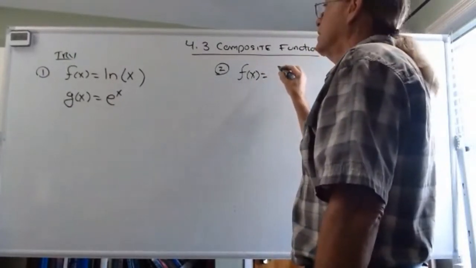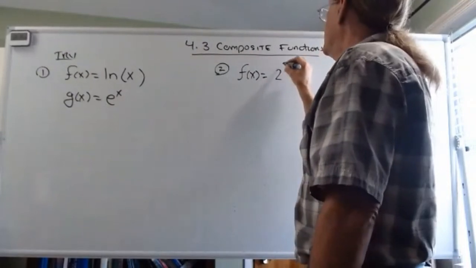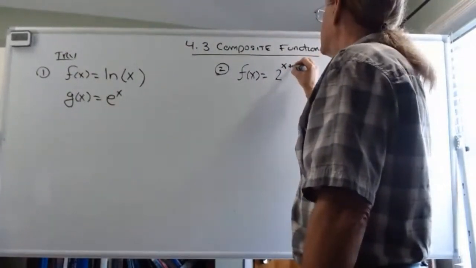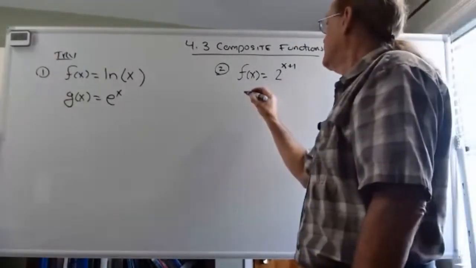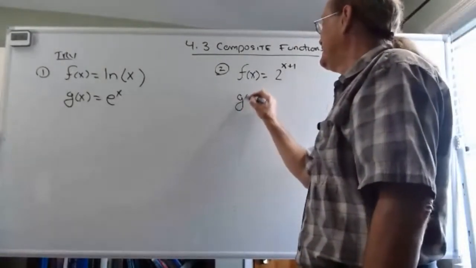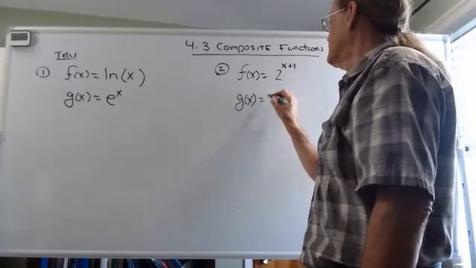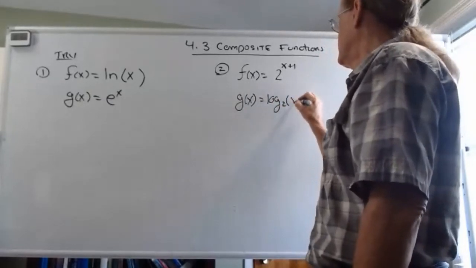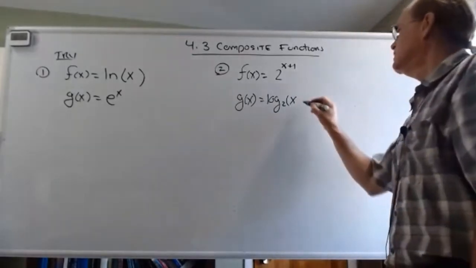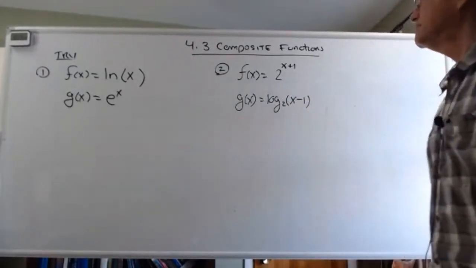f of x is, say, 2 to the x plus 1. And g of x is a log in the base 2 of x minus 1.